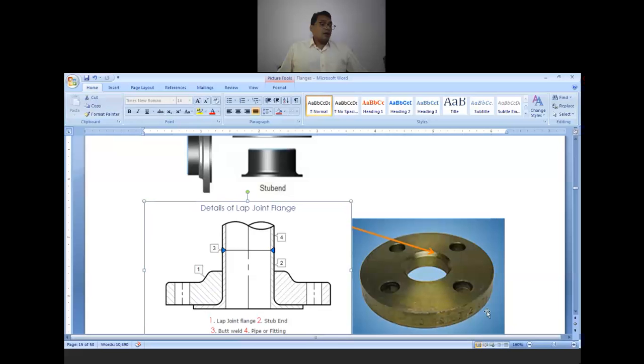The bolting holes can be easily aligned. This is the advantage of this lap joint flange. Bolting is easy and alignment is easy. Where frequent opening or cleaning for inspection is required, there these lap joints are preferred.